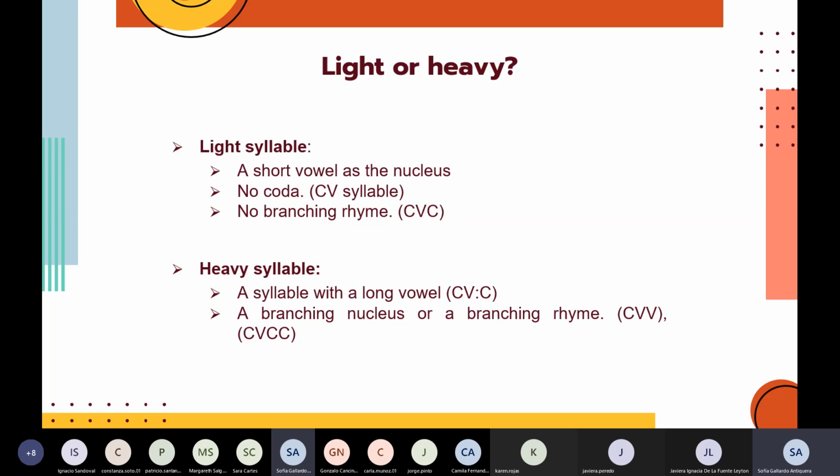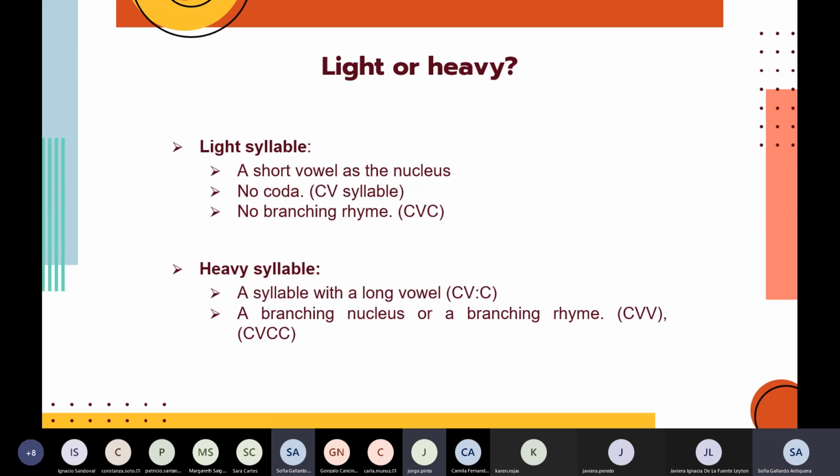And then for heavy syllables, you will find a long vowel and a branching nucleus or a branching rhyme. So in case you see that the syllable has a long vowel, or you can spot the coda, you can instantly know that this syllable is heavy. So if you see a coda, heavy, automatically. Okay, do you have any questions?